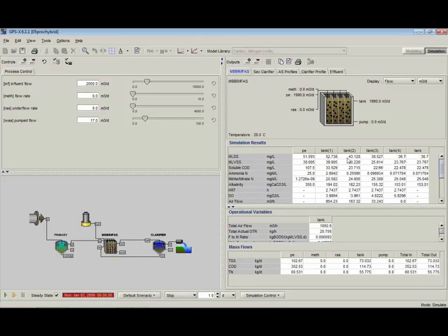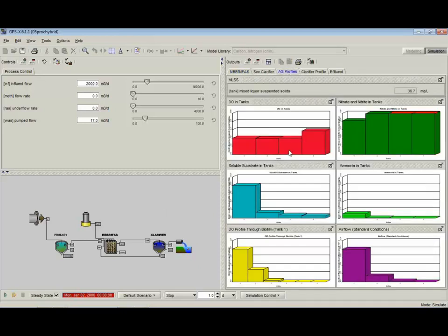And you can see here our mixed liquor is fairly low. This is a relatively lightly loaded plant. And if I look at the information that we can get back here, we can see soluble substrates being used up, our ammonia is being removed, and lots of nitrate generated. So this is a fully nitrifying system.